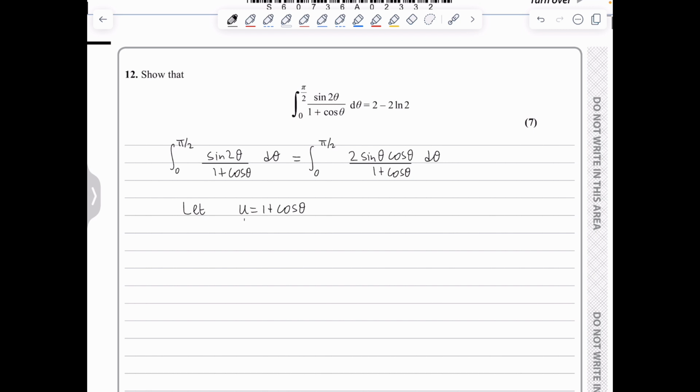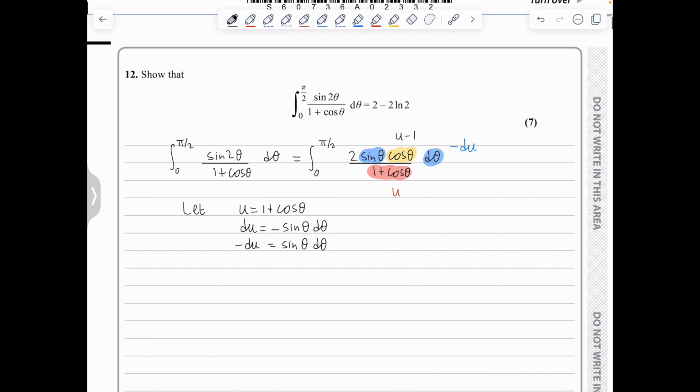Then du is going to be minus sine theta d theta, which means that minus du is sine theta d theta. The reason is that sine theta d theta appears in the given integral, so that's going to be just negative du. The 1 plus cos theta will simply be my u, and the cos theta that appears here will be u minus 1.